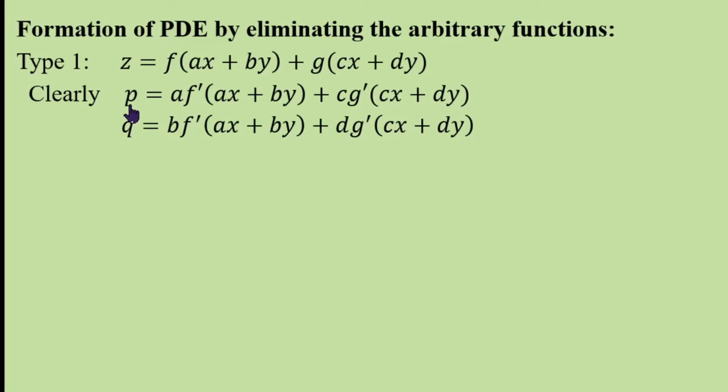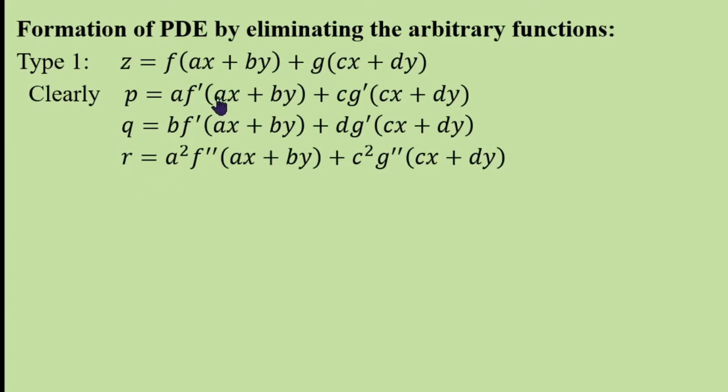When you differentiate p with respect to x, you get r equal to, again the derivative of ax plus by is a, so a into a is a square into f double dash plus c into c, c square into g double dash.